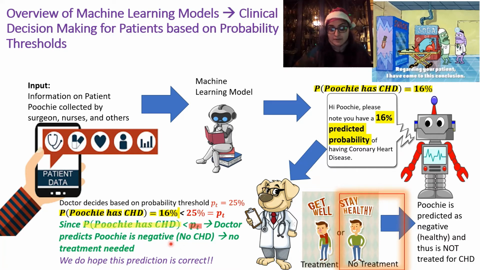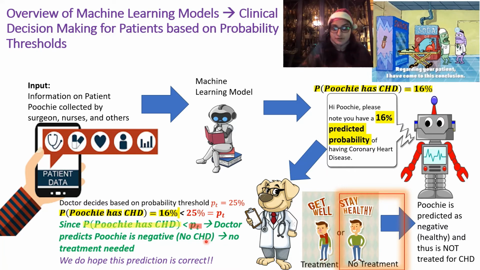So no treatment would be needed for you. The doctor is thinking that Pucci is hopefully healthy because the 16% predicted probability seems not higher than the 25% threshold. So the doctor says your risk is still not so high, thankfully, touch wood.